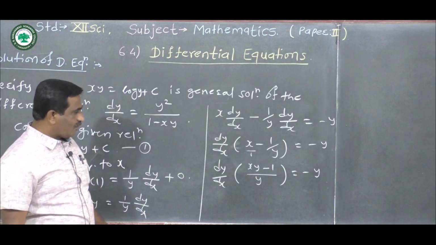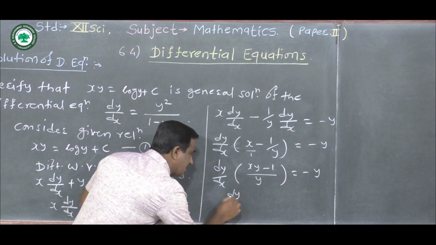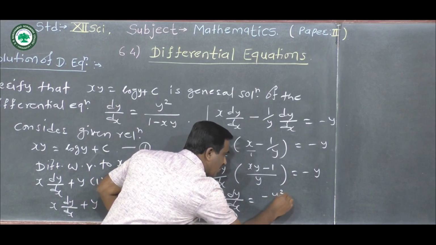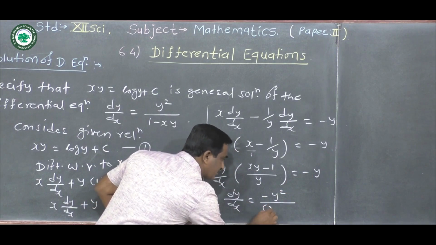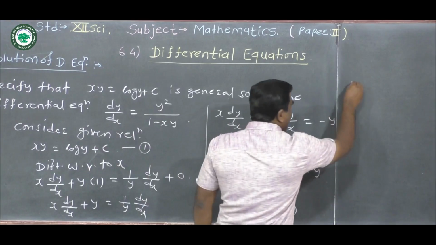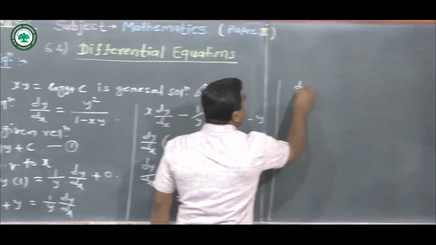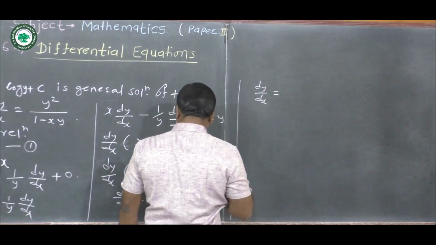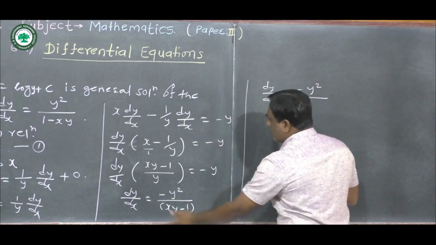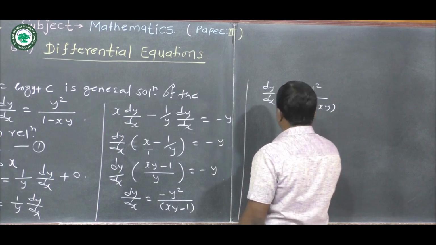Now keep the term of dy by dx on the LHS and take the remaining terms to the RHS. Therefore, dy by dx is equal to minus y square upon xy minus 1. Now we can take the minus sign common at the denominator. Therefore, dy by dx is equal to minus y square upon minus into bracket 1 minus x into y.